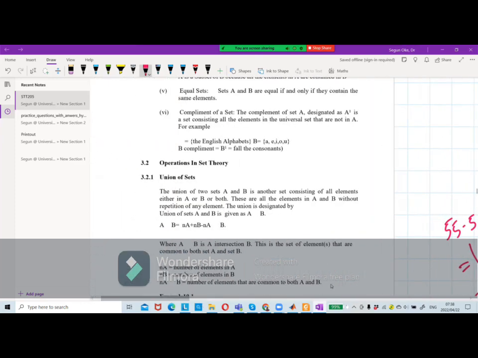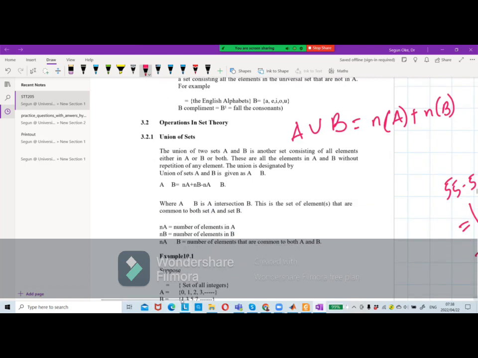The union in this case can be A union B, this is the sign for union, which is the same thing as number of A plus number of B, as in the definition. That is number of A, number of B.